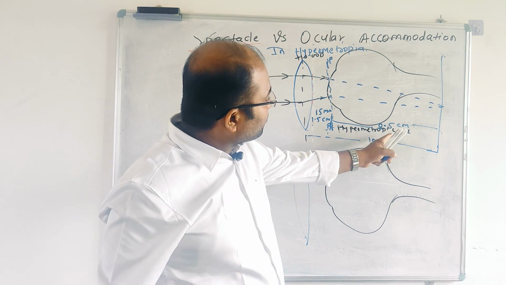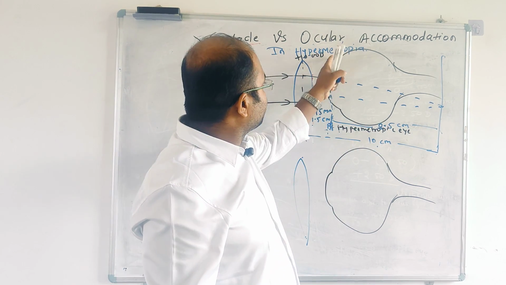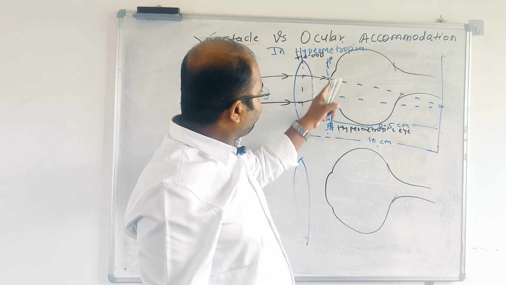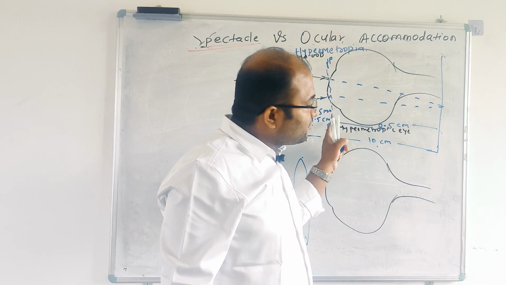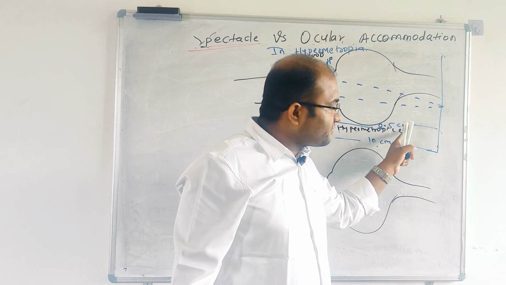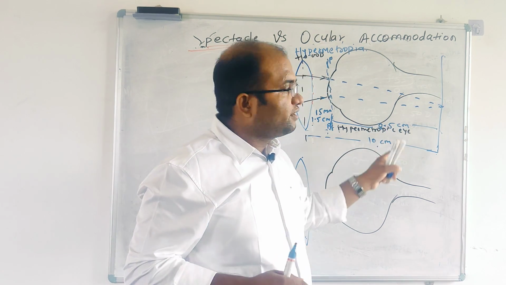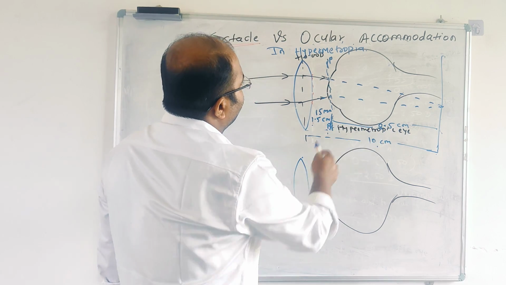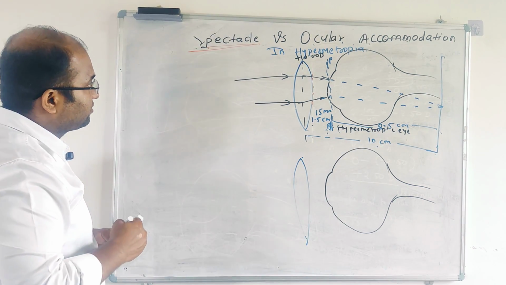If I take the reciprocal of 8.5 centimeter, you will get the vergence at this point. This 8.5 centimeter is toward the right side of the lens, so it should be positive.